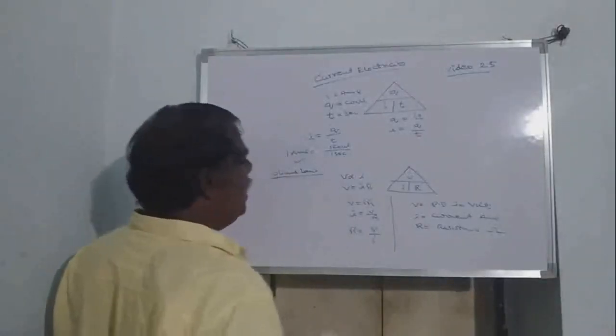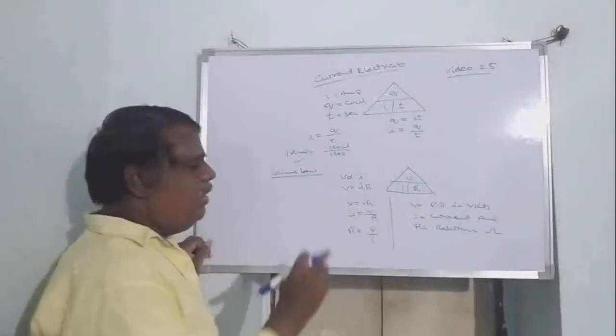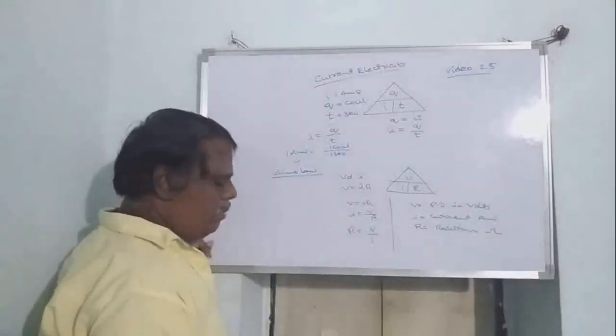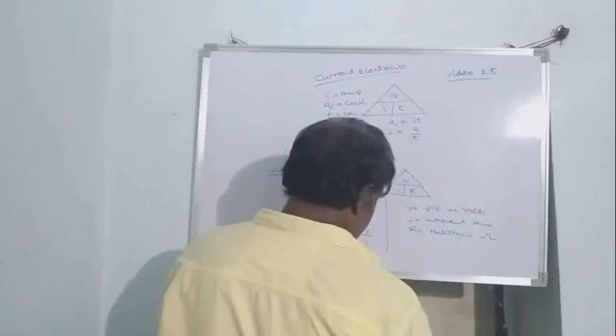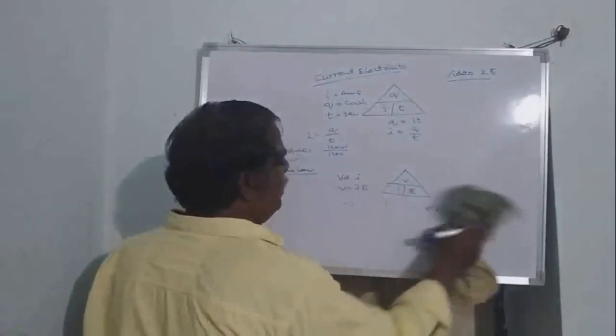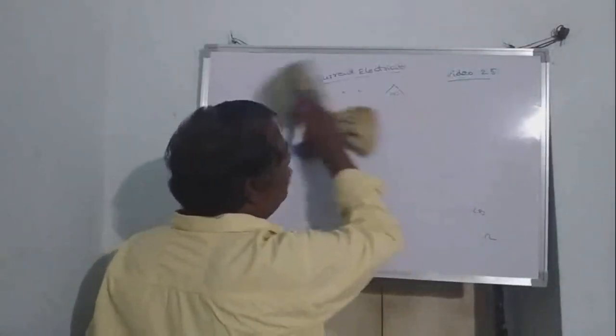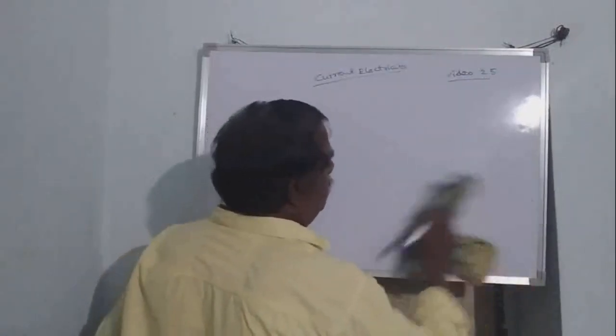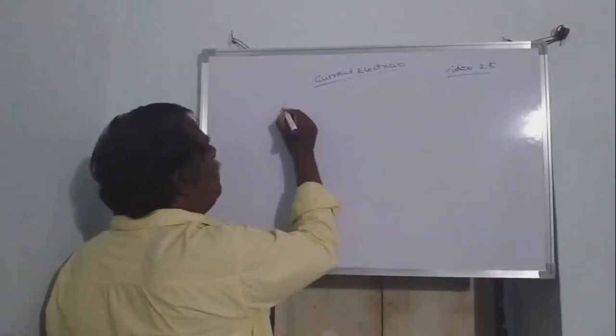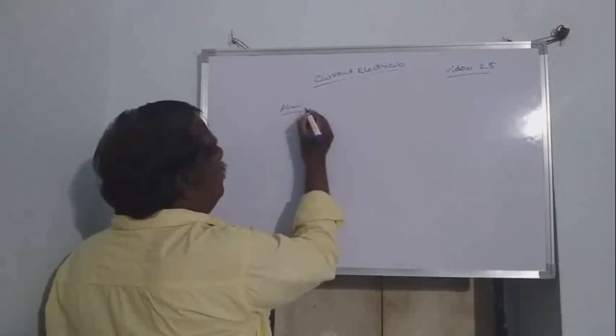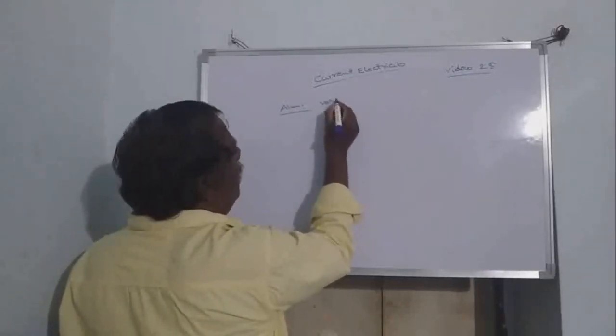Once again, Ohm's law: at constant temperature, voltage and current are directly proportional. We can prove this with a simple experiment. Aim: verify Ohm's law.